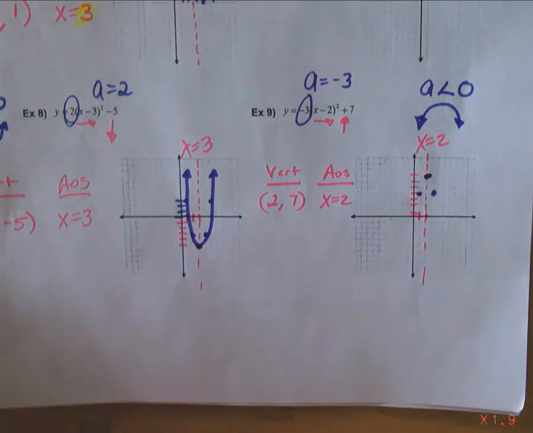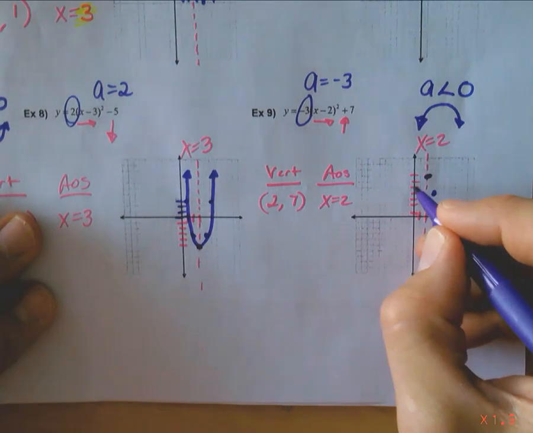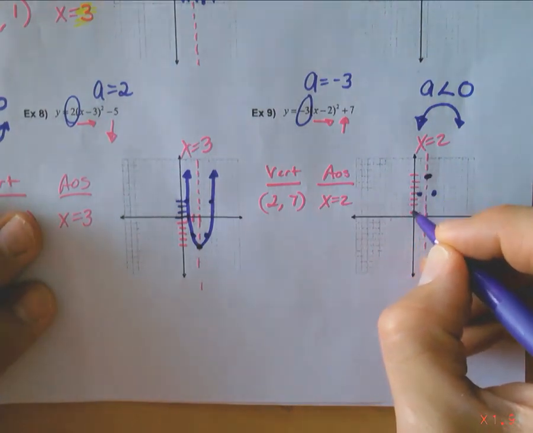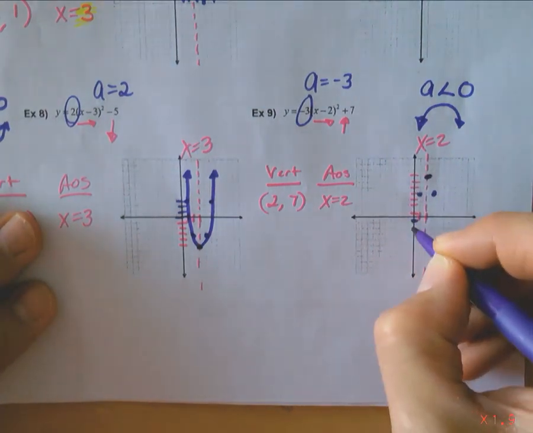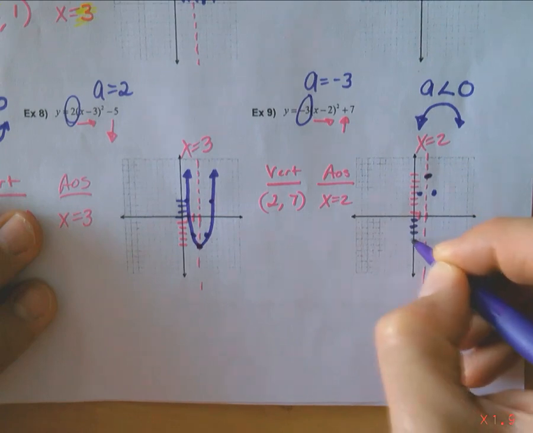And then if you want to graph another point, you can. Normally I go over 2, up 4, because 2 squared is 4. Well, now I'm going down because it's negative, and it's 4 times the a value. 4 times 3. That's 12. Oh my gosh. So I got to count 1, 2, 3, 4, 5, 6, 7, 8, 9, 10, 11, 12.